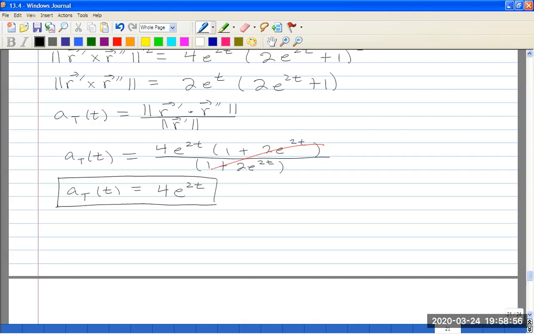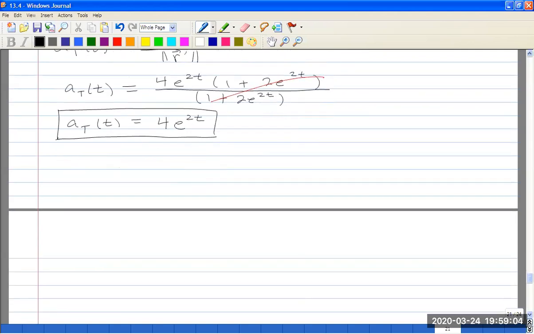And I get that the normal component is the norm of r prime cross r double prime, divided by the norm of r prime.